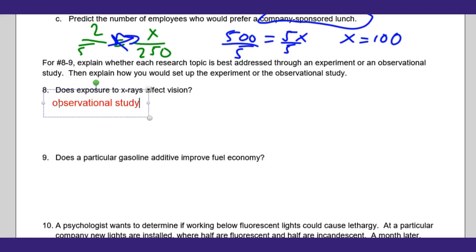Observational study. Now, how will we do this observational study? This is the question that we got to ask. Observe patients who get X-rays and test their vision.